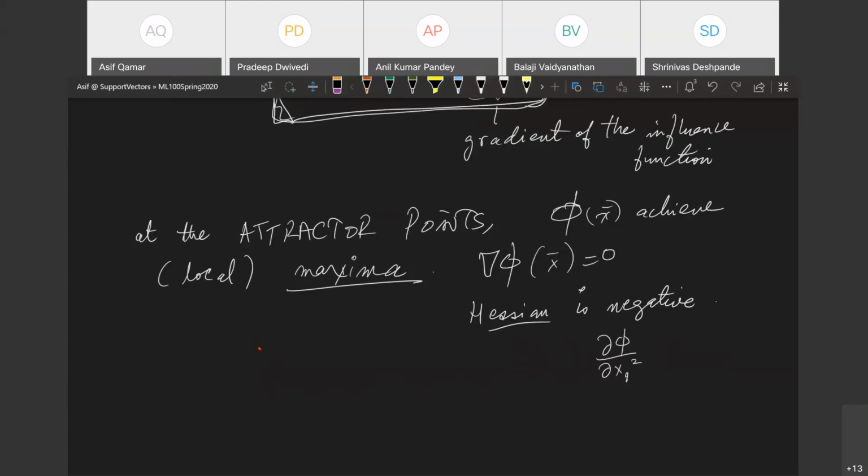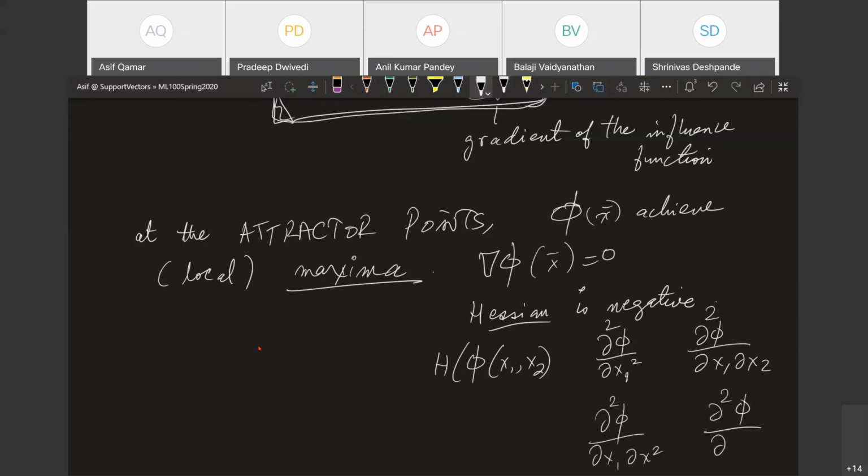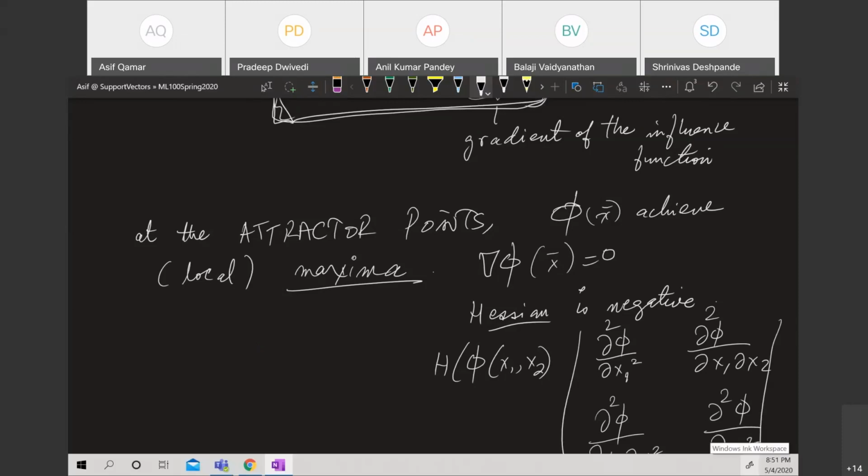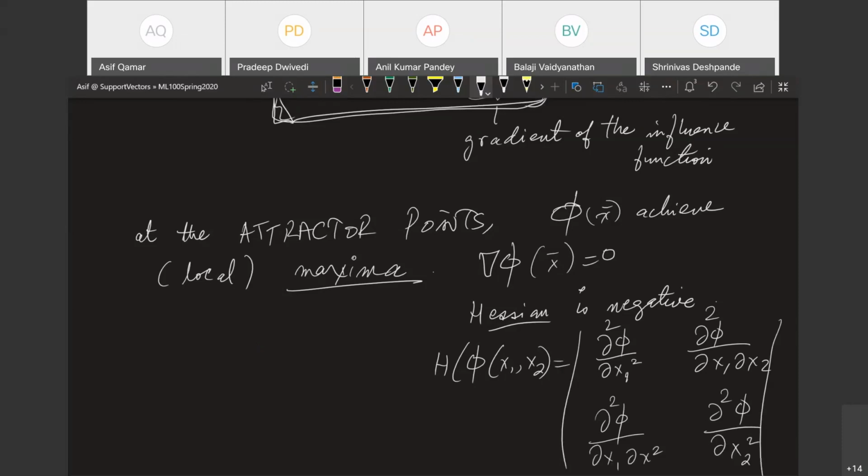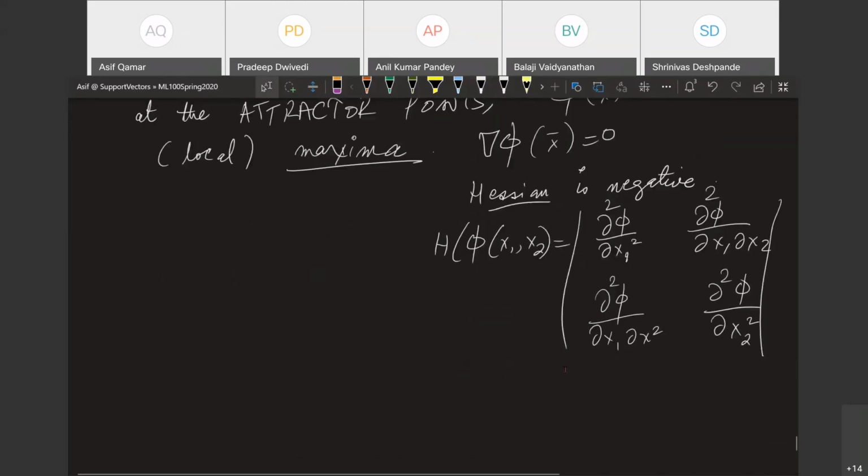If you do the Hessian of a function phi, which is made up of just 2 dimensions, let us say, then it would be d square phi dx1 dx2, d square phi dx1 x2. This is a bit of calculus. If you don't remember, it doesn't matter at all, and frankly it's of no practical use at this particular moment, but it is just worth knowing that there is such a thing as a Hessian because the literature keeps talking about it. It is a generalization of the second derivative.